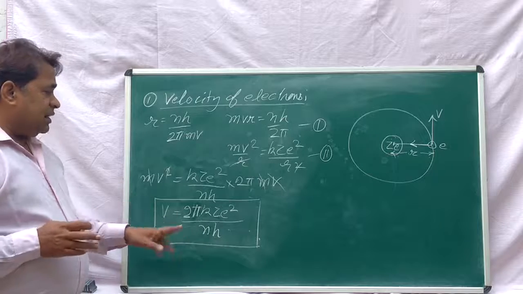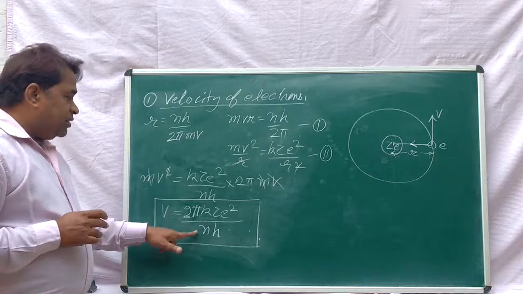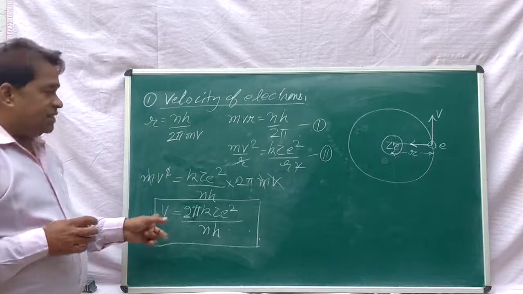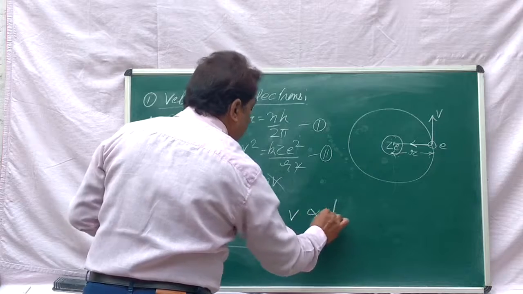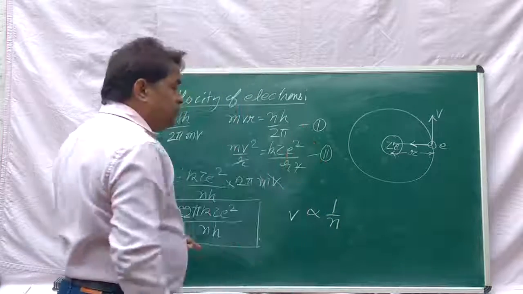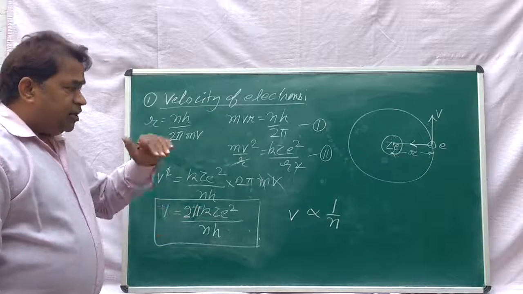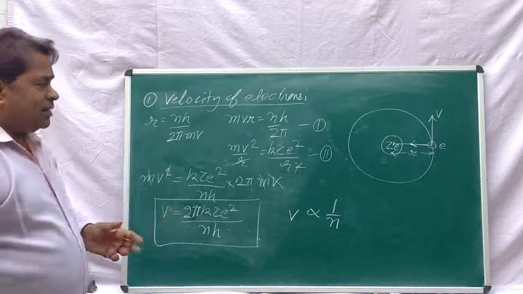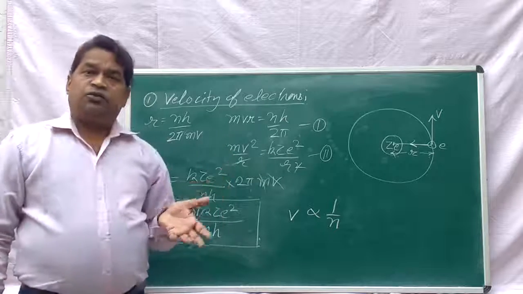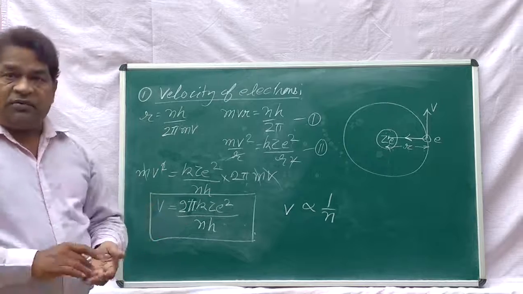Hence, as the principal quantum number increases, the velocity will go on decreasing. So the velocity of the revolving electron is inversely proportional to the principal quantum number. In the outer orbits, as we go to successive orbits, the velocity of electrons goes on decreasing. So this was the formula for velocity.